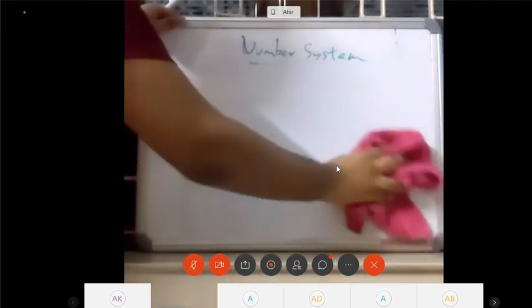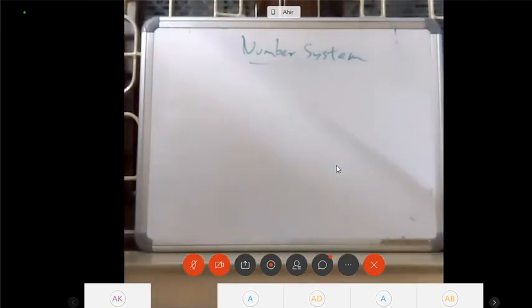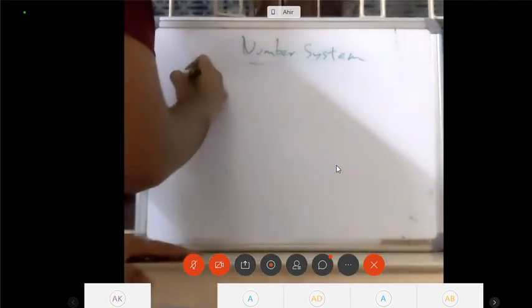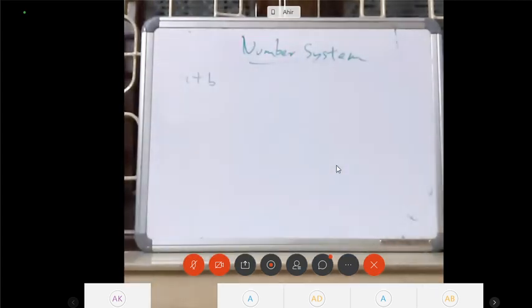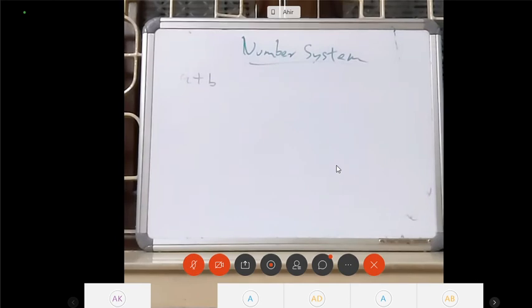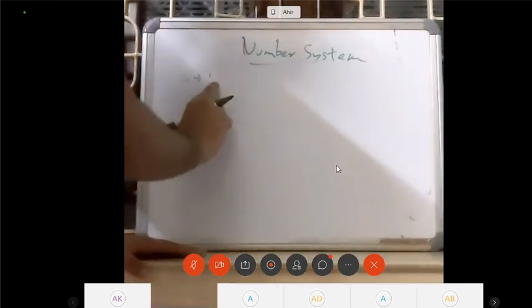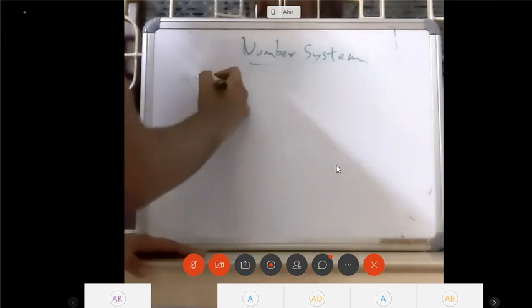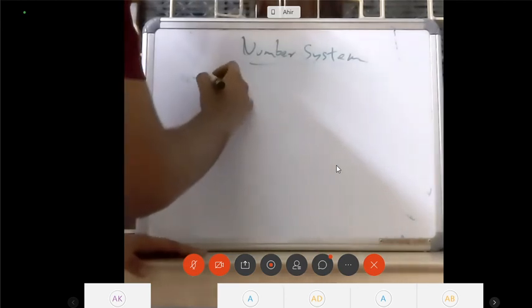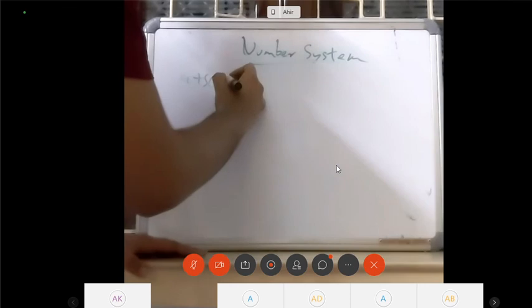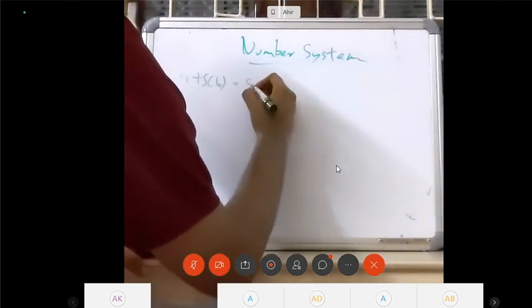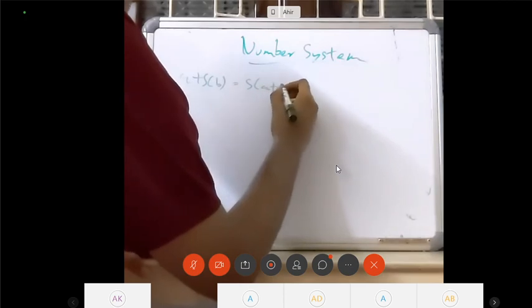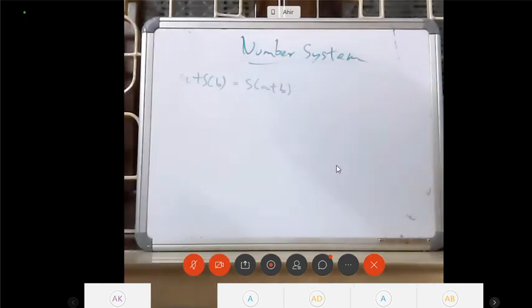So what is addition? Suppose you have A plus B. Addition is basically recursive. Suppose you have A plus S of B. This is equal to S of A plus B. Now what is B?